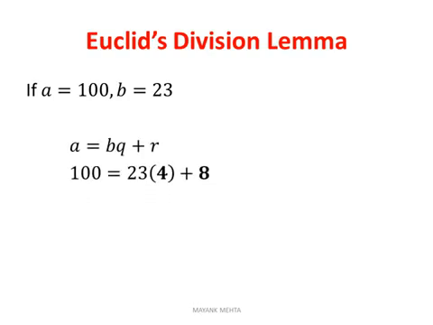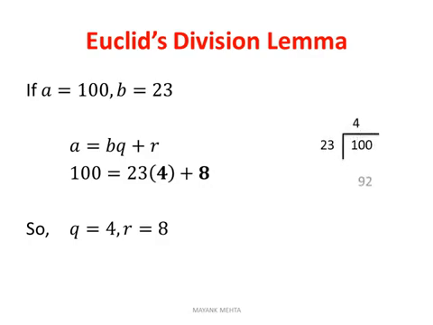100 is equal to 23 times 4 plus 8. So here the quotient is 4 and the remainder is 8. If you don't know how to do it directly, then use the standard method. Do the division 100 divided by 23.